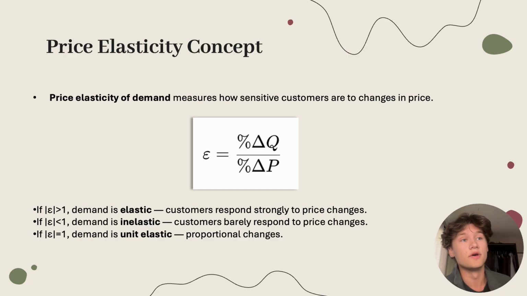If the price elasticity of demand is greater than one, then the demand is elastic and customers are going to respond strongly to price changes. And if it is less than one, then the demand will be inelastic, causing customers to barely respond to changes in prices. And if the price elasticity is equal to one, then the demand is unit elastic and it changes proportionately due to circumstances.